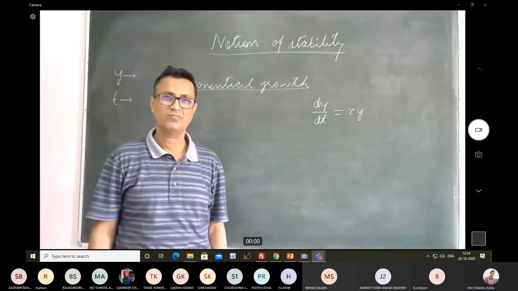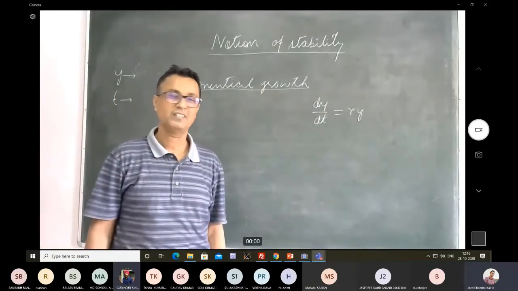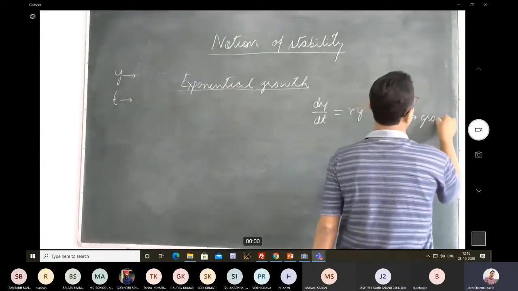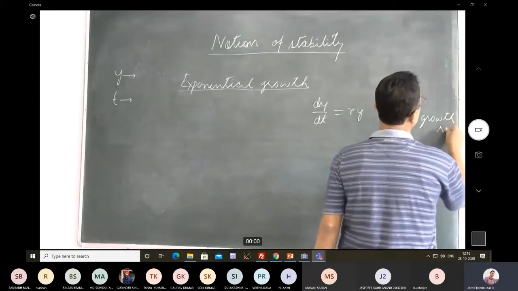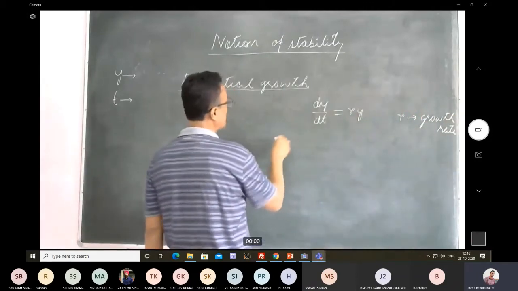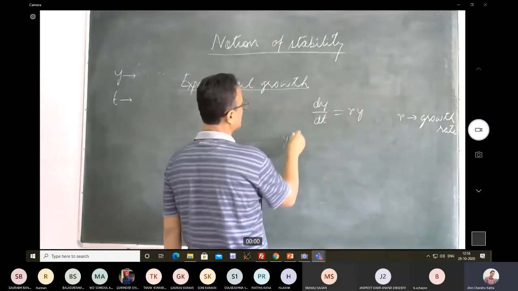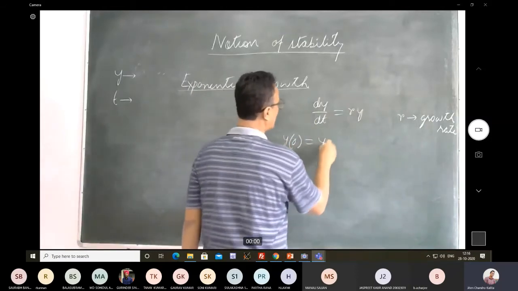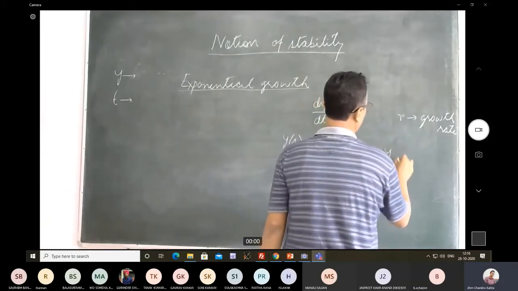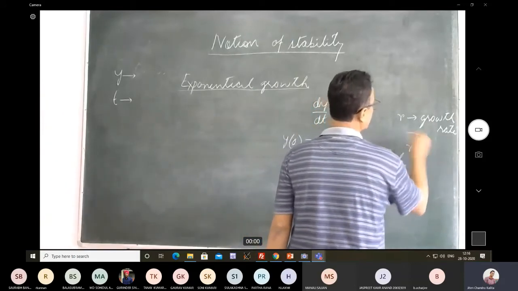Fine? Here r is simply the growth rate. You know that if my initial population was y(0) equal to y0, then the solution is simply given by y0 e to the power rt.